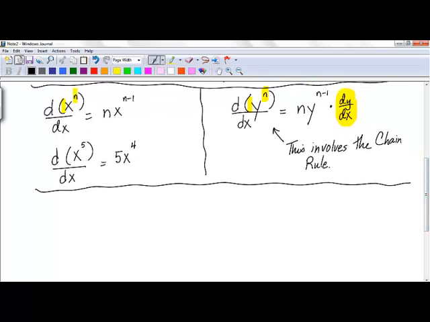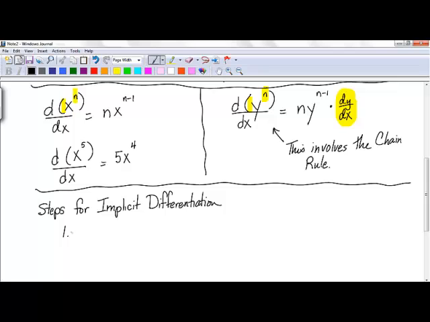Okay, now I want to go through the steps for implicit differentiation, then we're going to do some examples. Okay? So, here are the steps for implicit. And the only time you need to use implicit is when you cannot get y by itself. Okay?